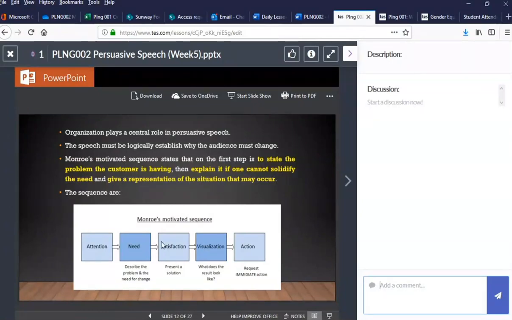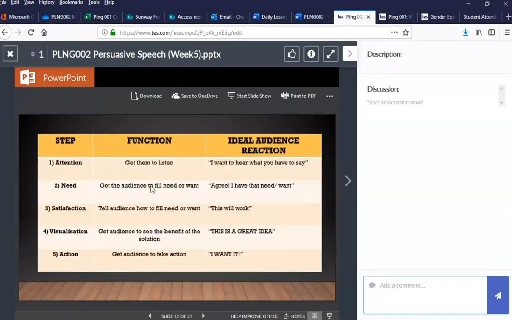Like I told you just now, you first bring them to attention, tell them the problem, give them a solution, let them visualize what will happen if they solve the problem, and ask them to take action. This is how Monroe's motivated sequence logically establishes why the audience must change. We follow this sequence.